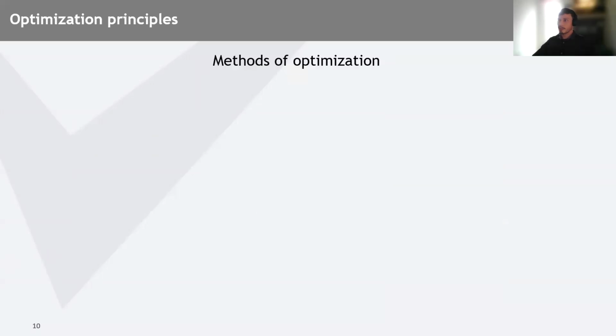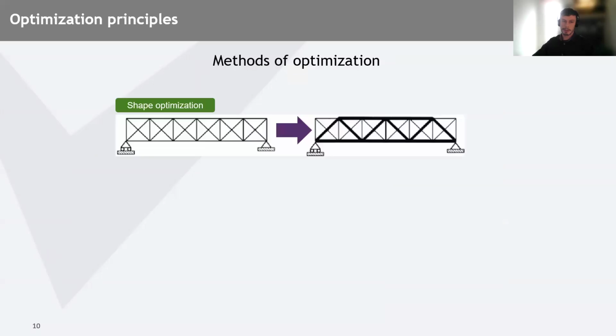Let's start with the methods of optimization. So some theory. We can divide the optimization into shape optimization, where our focus is mostly on modifying the geometry of the structure to improve the performance characteristics such as stiffness or stress distribution.